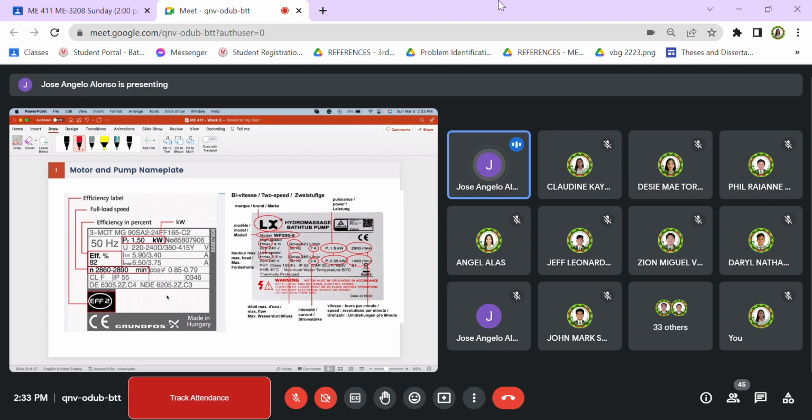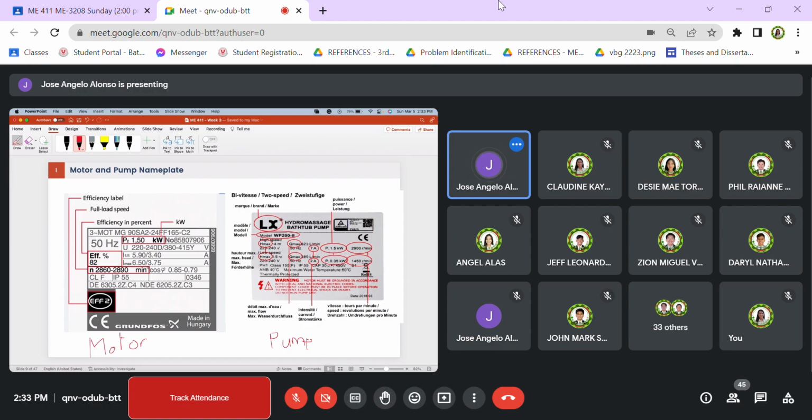So ito yung example ng ating motor and pump nameplate. So on the left side of your screen, ito ang nameplate ng sample ng motor. And on your right side would be the nameplate for the pump. Excerpt lang to sa internet, pero sa catalog ng mga supplier, makikita natin yung complete details ng ating mga pump and motor.